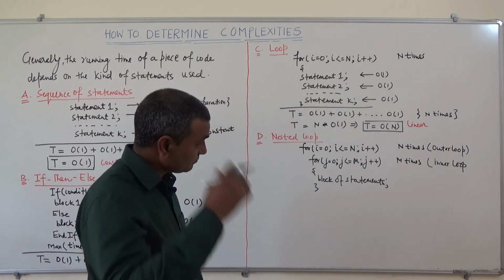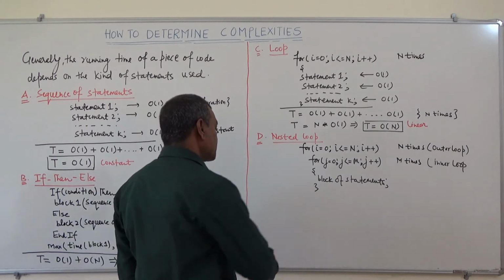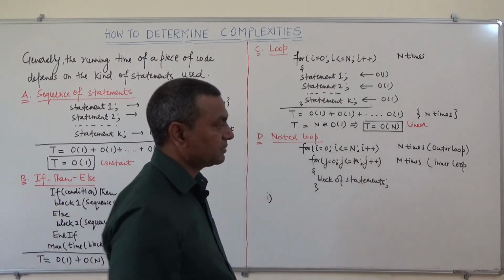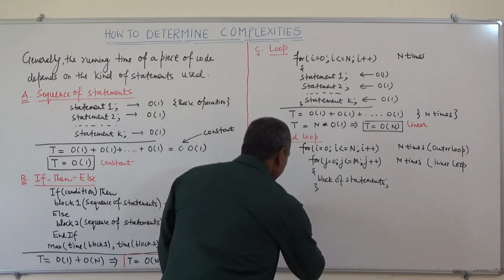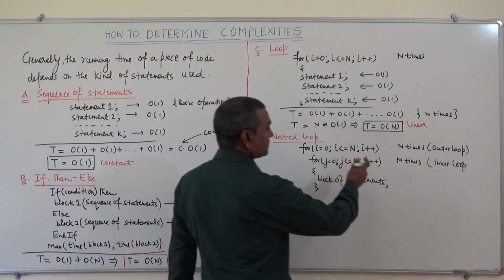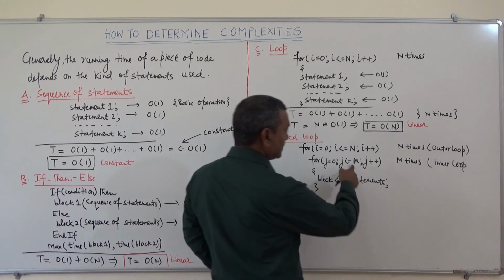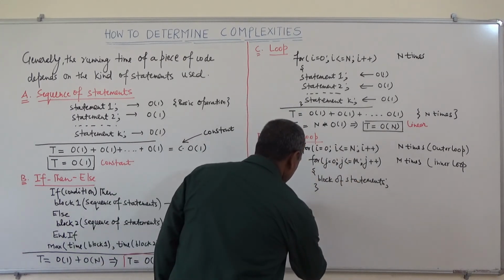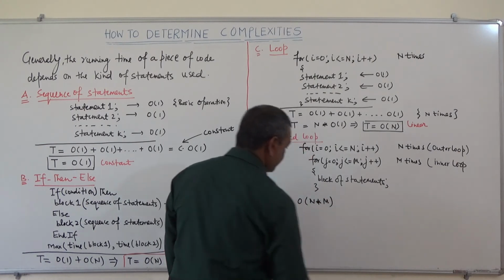Now in this case the complexity will have different cases. The first case will be: this will be of order of n and this will be of order of m. So this is equals to order of n into m.